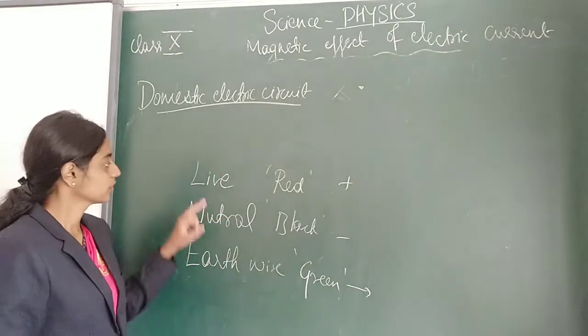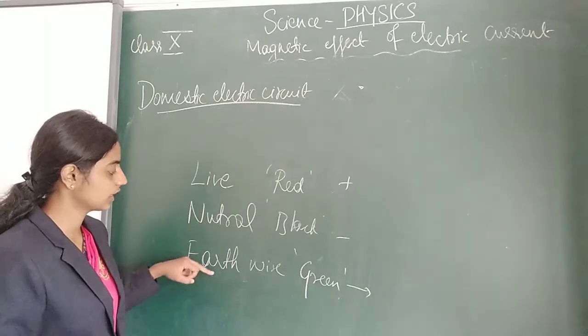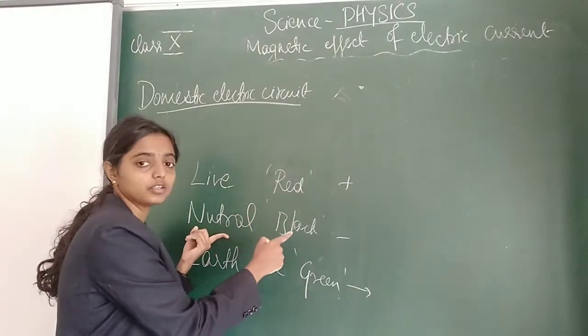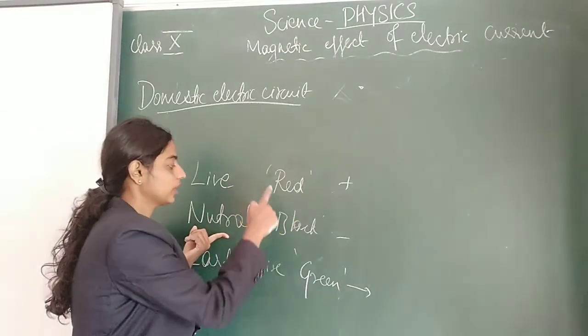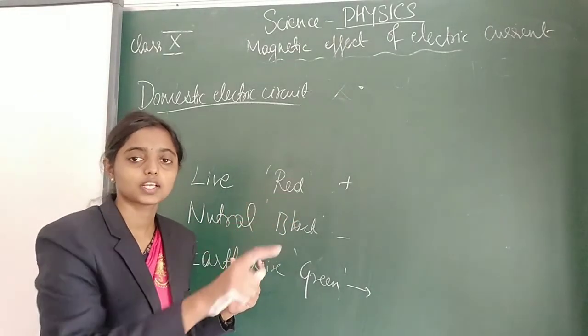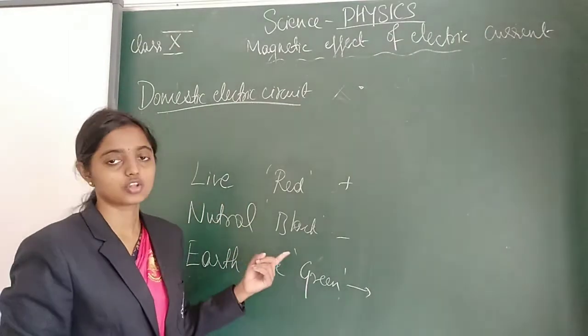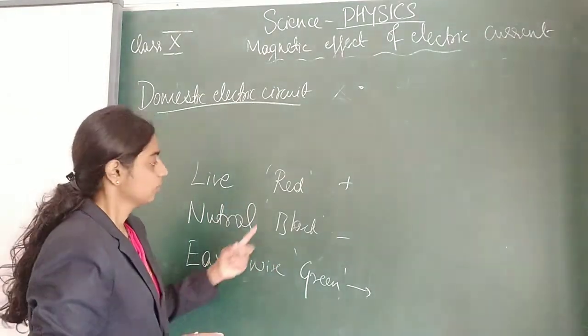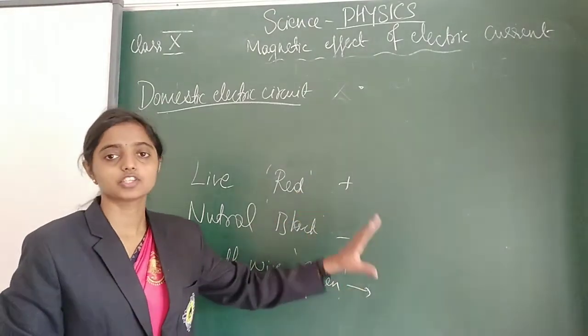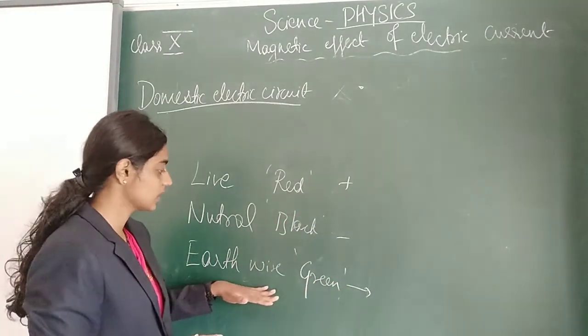Now we understood we have three wires: live, neutral and earth. When the live wire and neutral wire come in contact with each other, we call that situation a short circuit. Then we have overloading. Now let us see the definition for all three, and we'll see what the earth wire is.